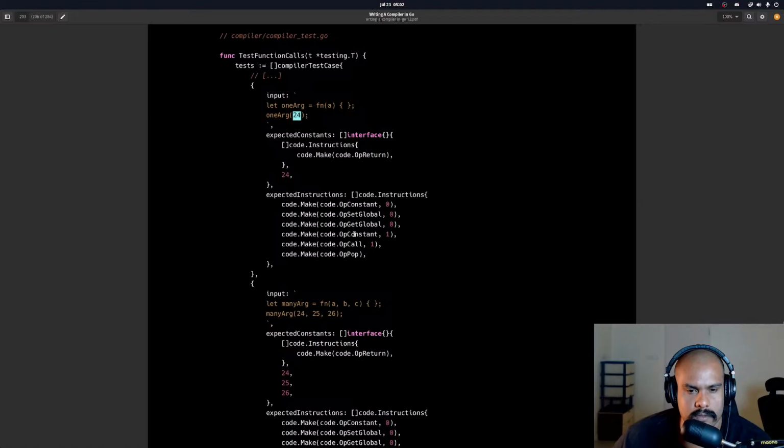Because the constant here will be added. Okay, you get the constant onto the stack, and you compile when you run OpCall, and you know how many.